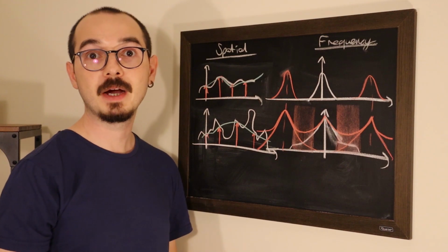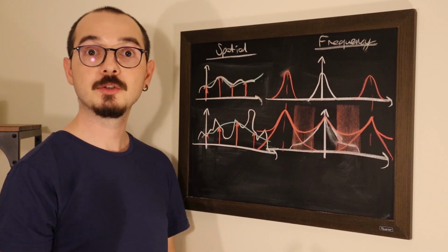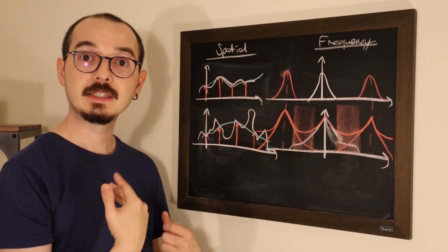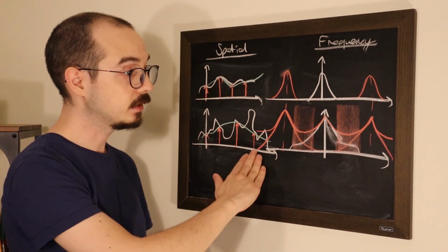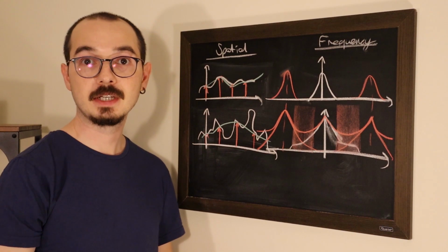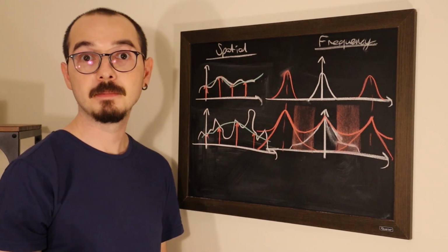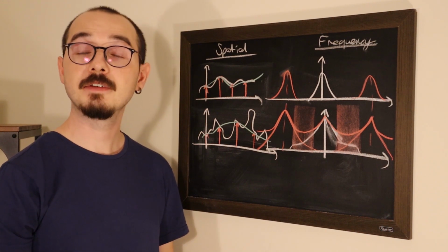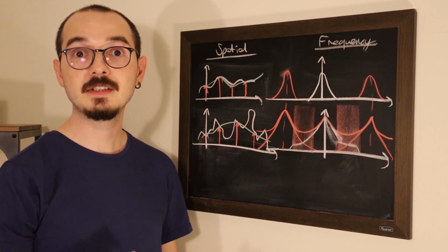This is what we mean by aliasing. When we try to sample a signal with fewer samples than it requires, the resulting sampled signal will have problems called aliasing. And there are different ways to address this.